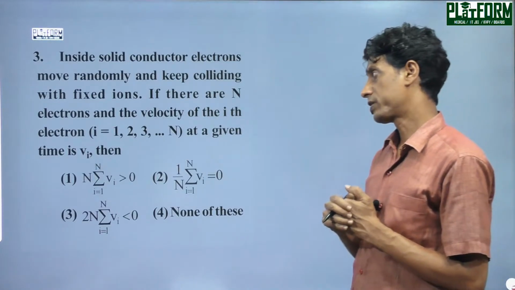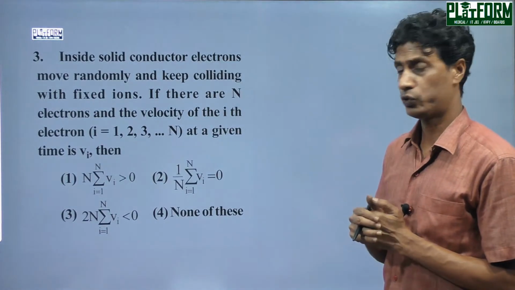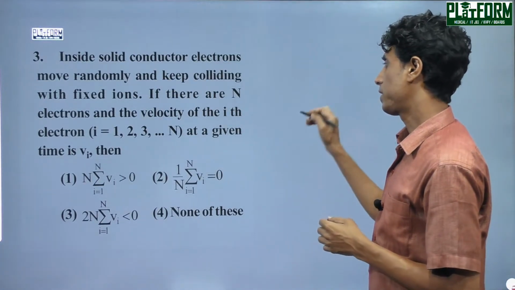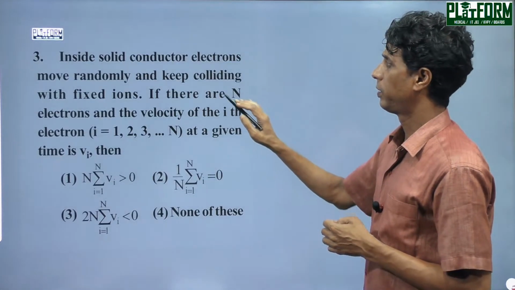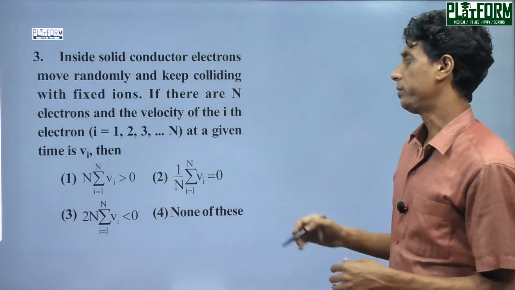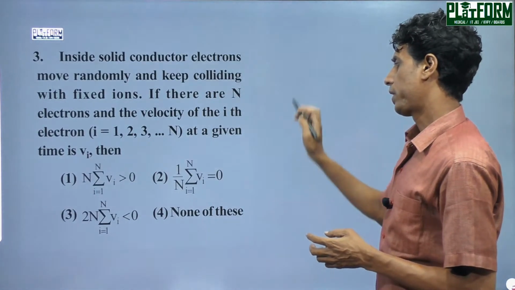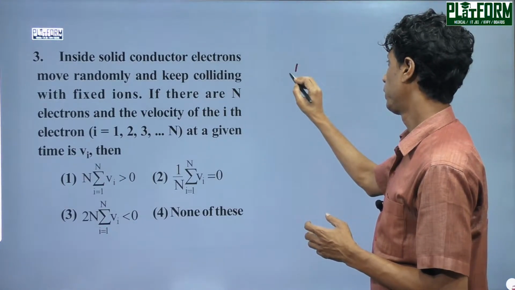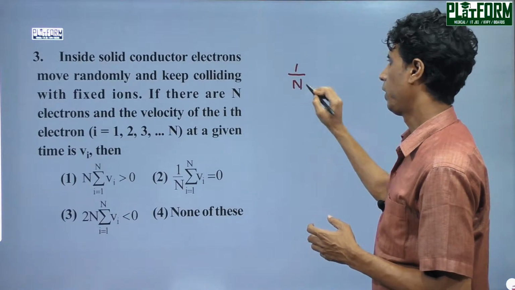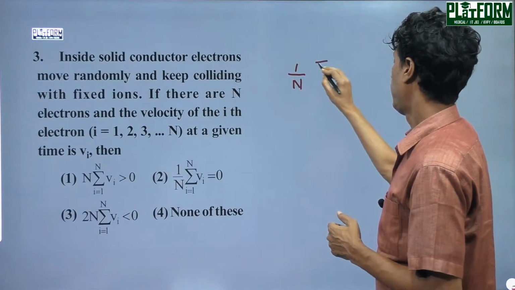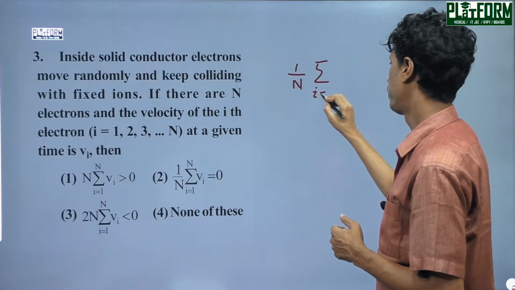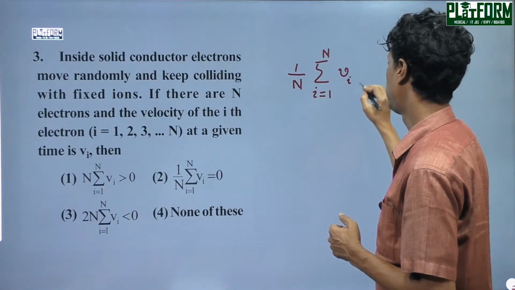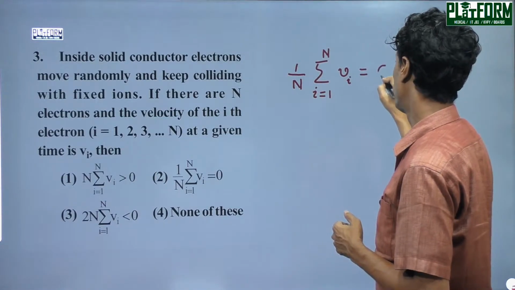If there are n electrons and the velocity of the i-th electron, i equals 1, 2, 3 up to n, at a given time is Vi, then since electrons move randomly, the average number of electrons is n, and the summation of velocity Vi is actually 0.